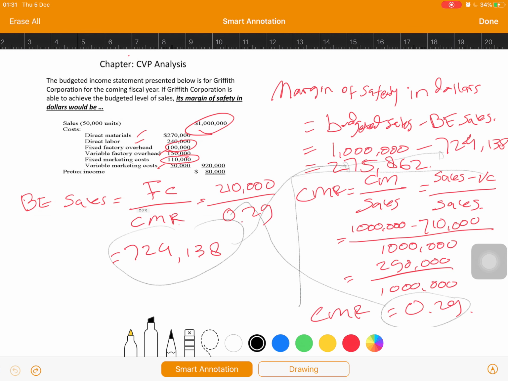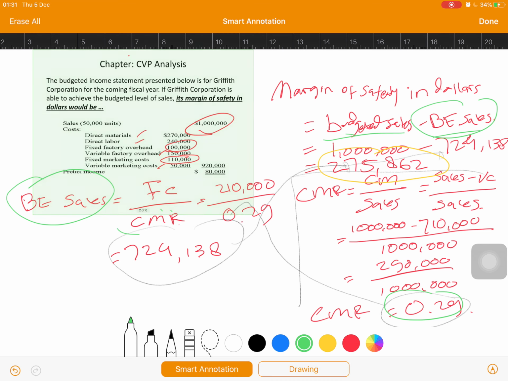The final answer is 275,862. So basically, the formula to calculate margin of safety in dollars is budgeted sales minus break-even sales. Because you don't know the break-even sales, you need to calculate it. Break-even sales equals fixed cost divided by contribution margin ratio. You don't know the exact contribution margin ratio, so you need to calculate it.